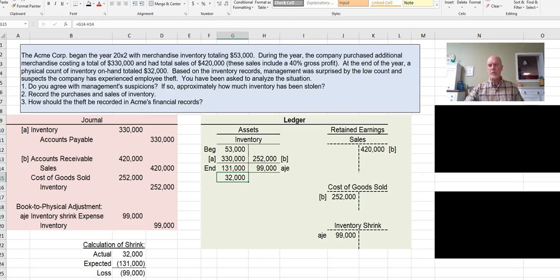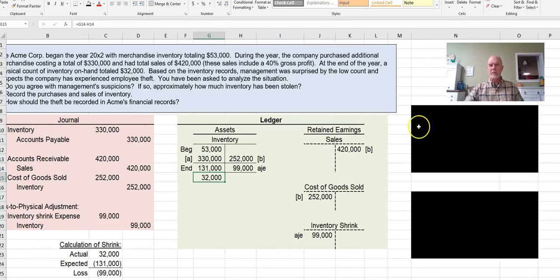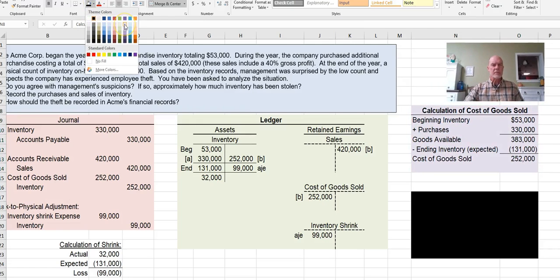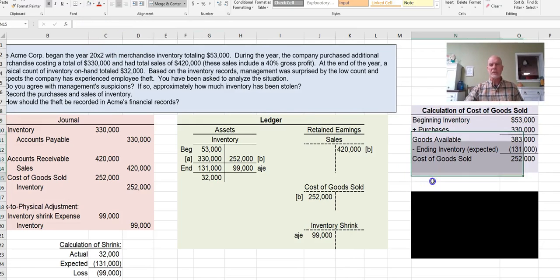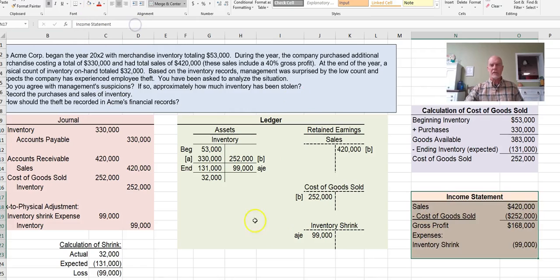So with all that in our records, let me summarize some of that here. We've talked about how to summarize the calculation of cost of goods sold. And so that's there. And then that cost of goods sold goes to the income statement. To get our cost of goods sold, it's our beginning inventory plus our purchases as goods available.